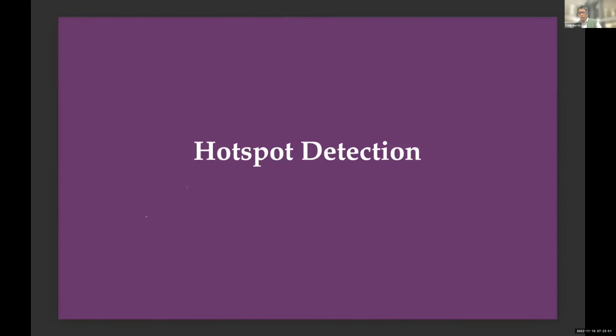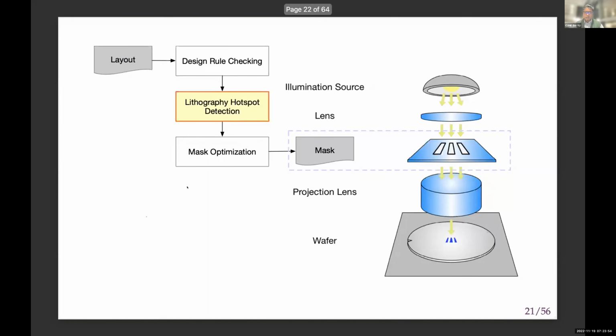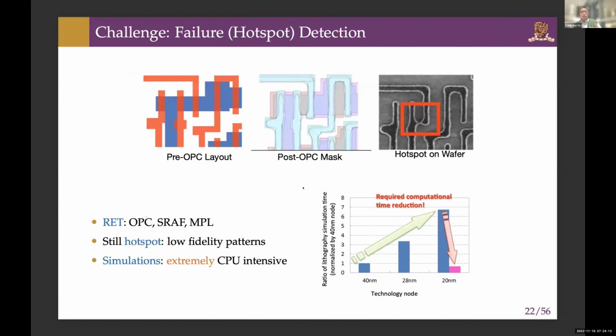The next stage I will talk about is hotspot detection. Okay, it's in the second stage, from the layout to the chip. Let me repeat the motivation about hotspot detection. Even if our design can pass the design rule checking, and we ship the design to the foundry, there may be some error happening on the wafer.